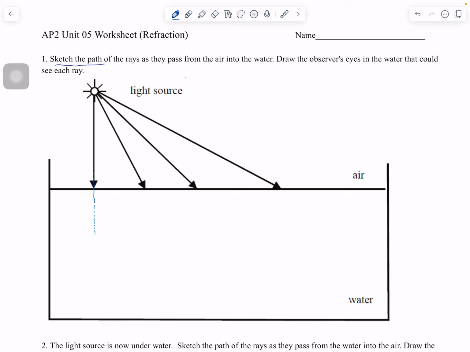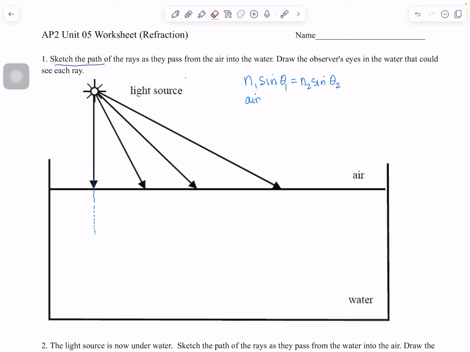Now, we know that we're going to think about Snell's law: n1 sine theta 1 equals n2 sine theta 2. The first thing we need to know is that n1 is the air. For this first ray, what is the angle theta 1?